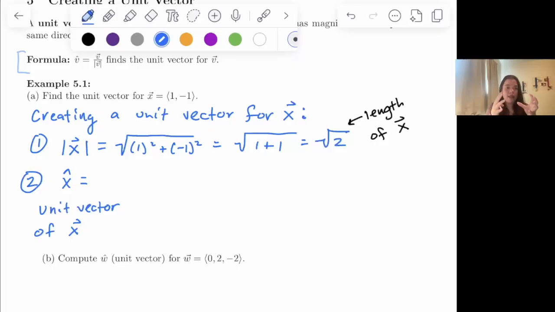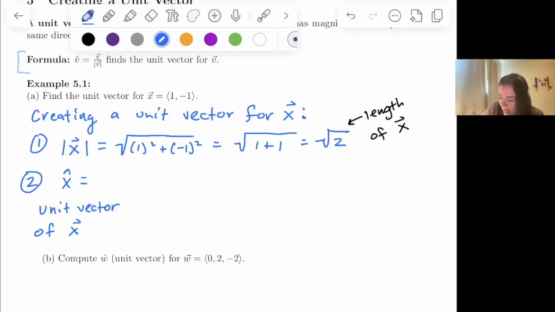Let's think for a minute of what we're doing before we actually do it. Vector x has a certain length, and maybe the length is smaller than 1 or greater than 1. But the goal at the end of the day is to take this vector and either shrink it to have length 1 or grow it to have length 1, right? It's just like a scale model of something. You have a model of a certain length and you want to scale it so its length is 1.